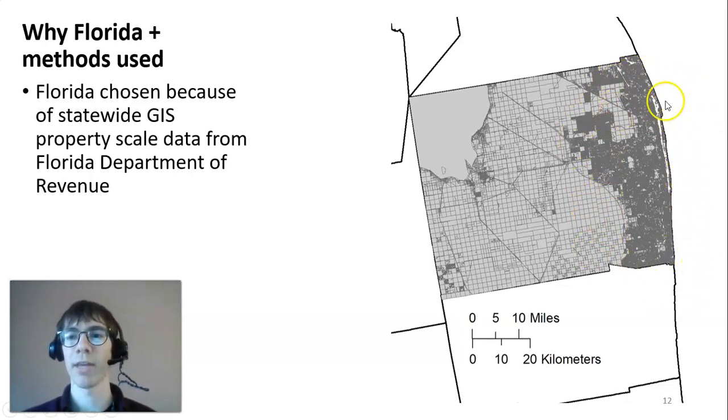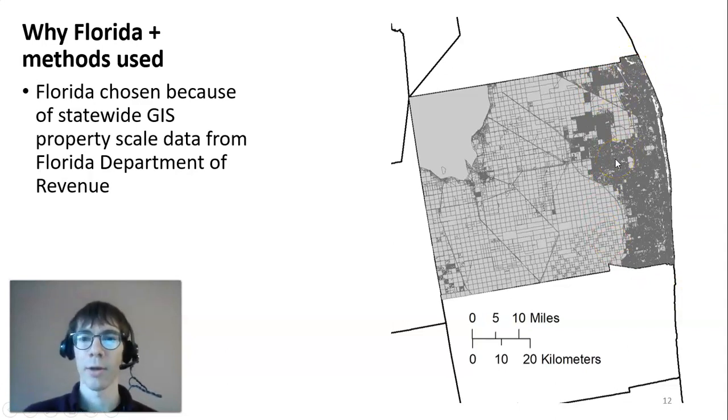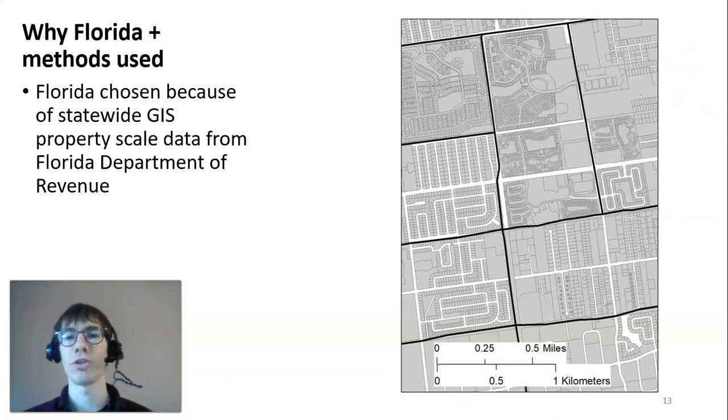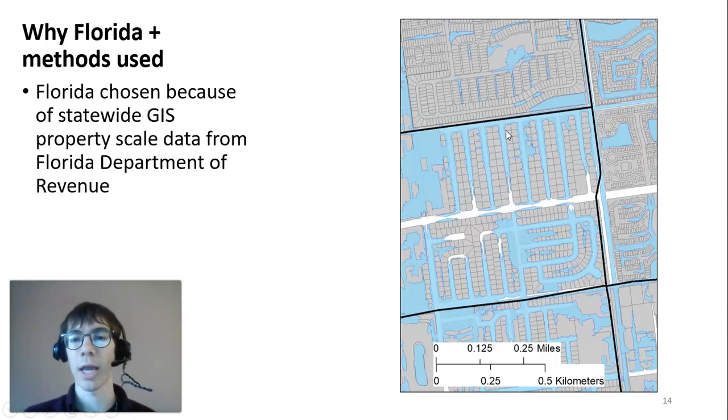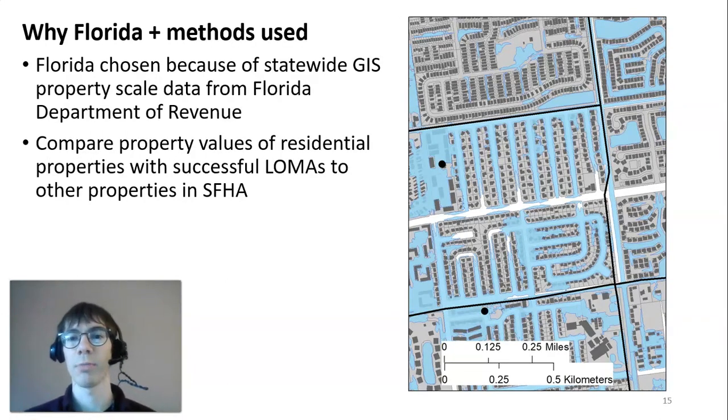We can see the density of them over here on the east side mainly of Palm Beach County. And as we continue to zoom in, we can start seeing more individual census tracts, and then we can start layering on those other layers. So here we bring back in the special flood hazard area in blue, and then also the buildings and the individual tax lots here. And again, our letters of map amendment.